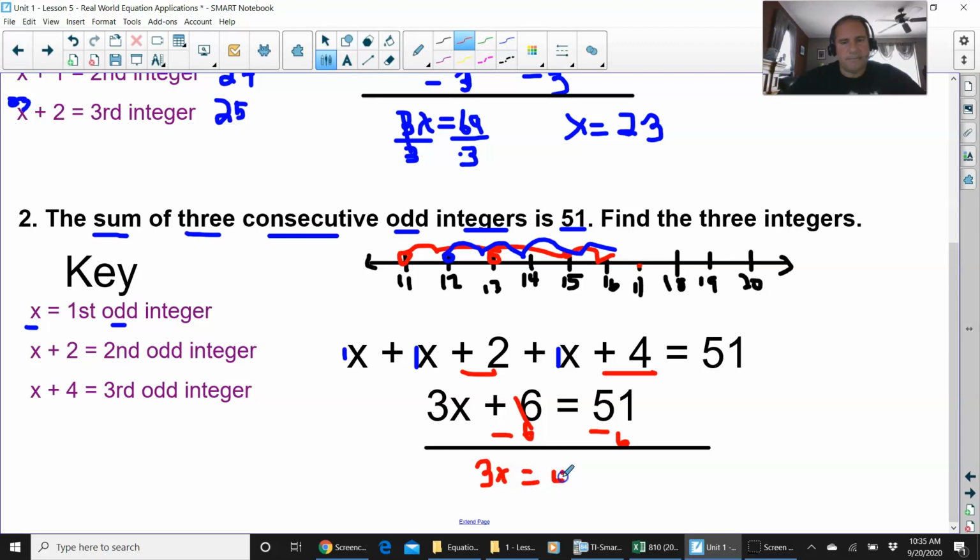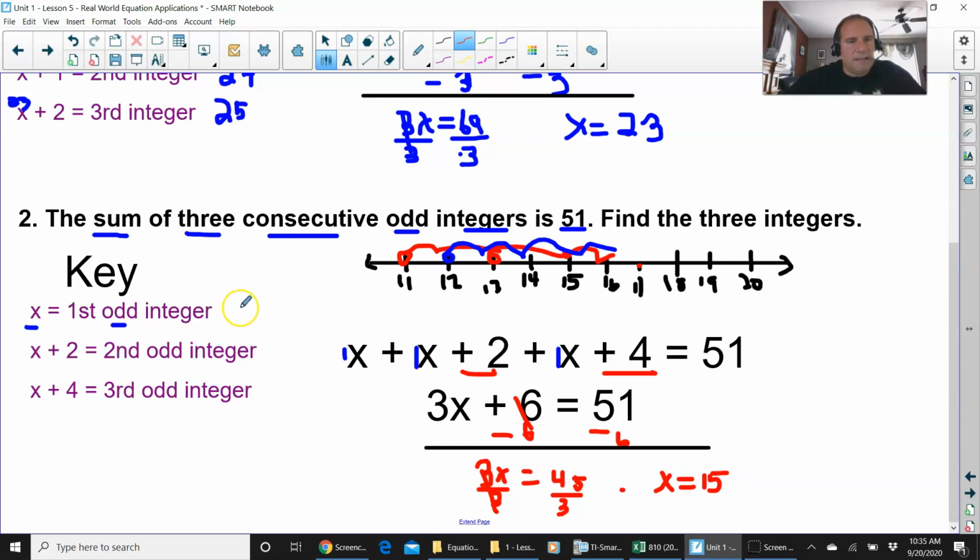Then obviously you're going to divide by 3, and hopefully you have your answer. This cancels. x equals 15. Make sense? All right, I hope so.